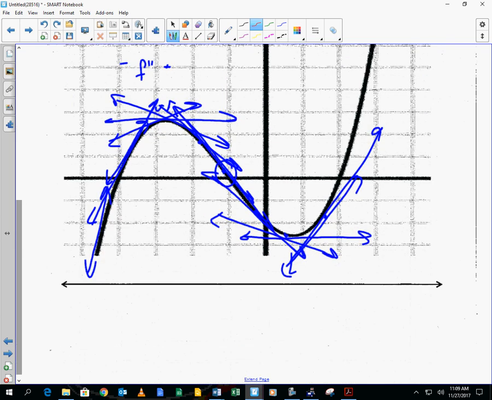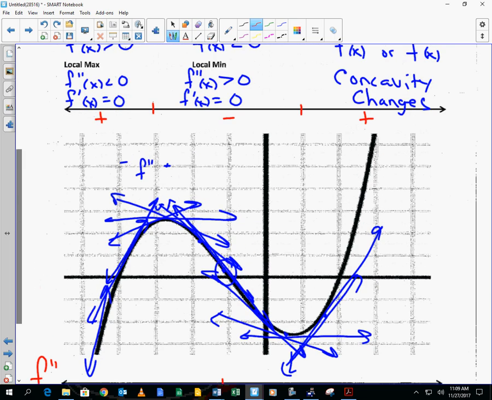And then you have this other spot where you had inflection. You can see it's concave down, so the second derivative is negative, and then the second derivative is positive. So I like to do an f double prime number line and an f prime number line in order to organize my work. And that's how it relates to the graph.